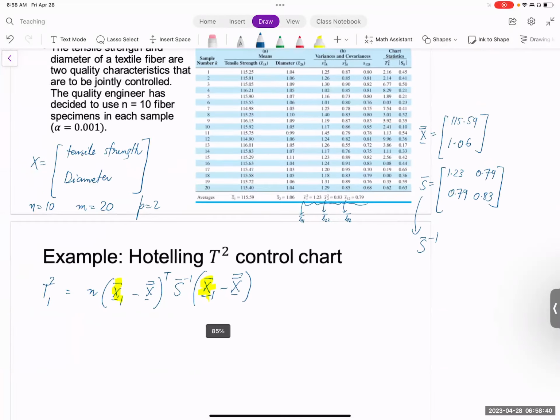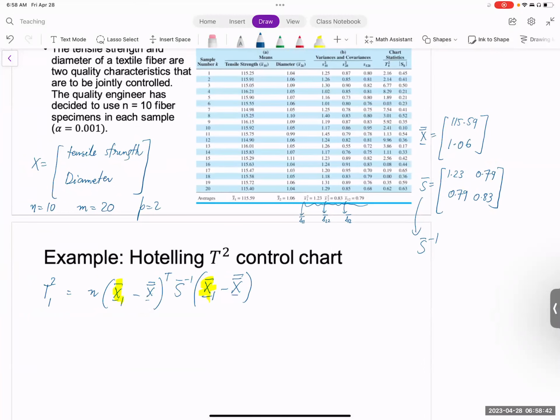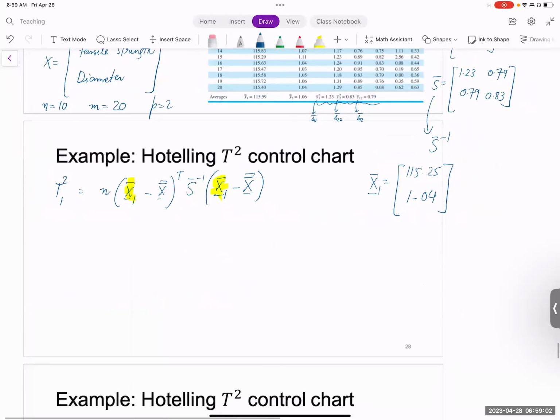All right, now let's look at what x̄_1 is. x̄_1 is equal to these two numbers right here, which is 115.25 and 1.04. So you plug everything into this formula here, and you'll get T1 square as 2.16. And then you'll compute your UCL.